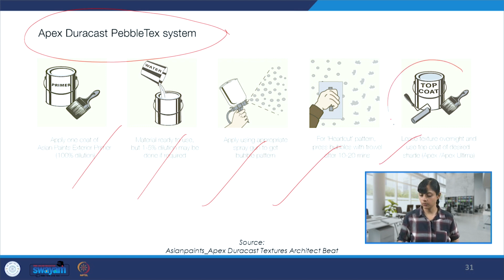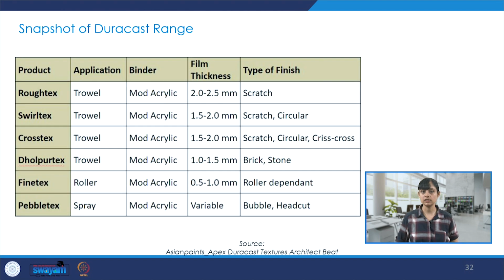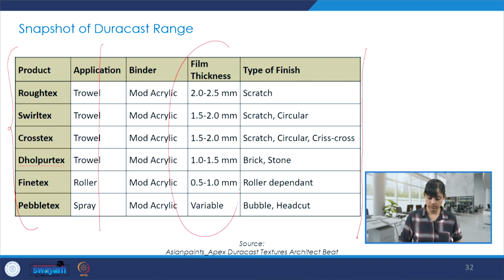Why is a top coat used? How does it help us in protecting from fungi and algae? All of that we try to understand in detail, and very interesting and useful sets of information like this. So which kind of texture is applied through which tool, and what is the film thickness, from thin to high film?